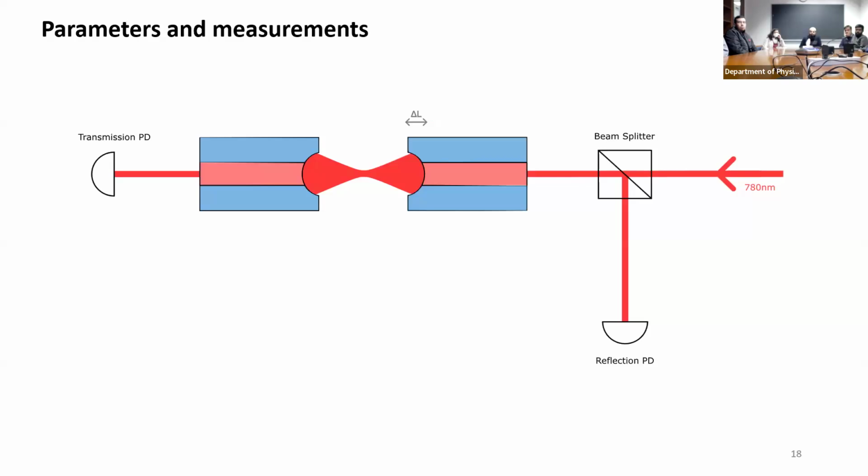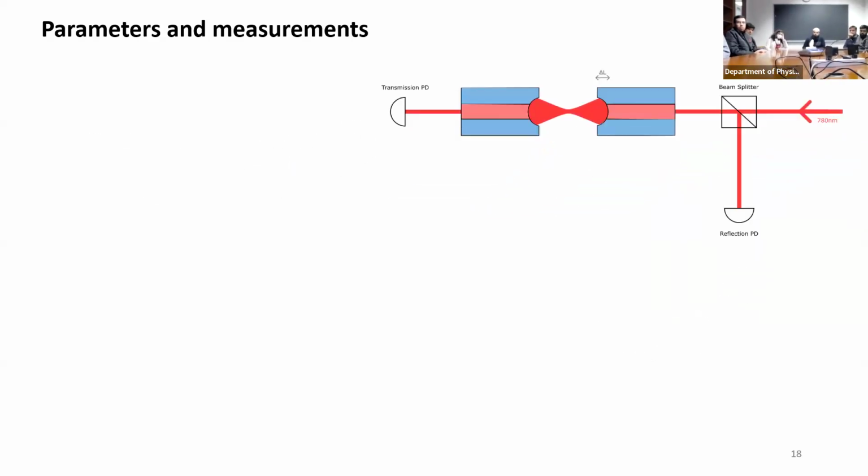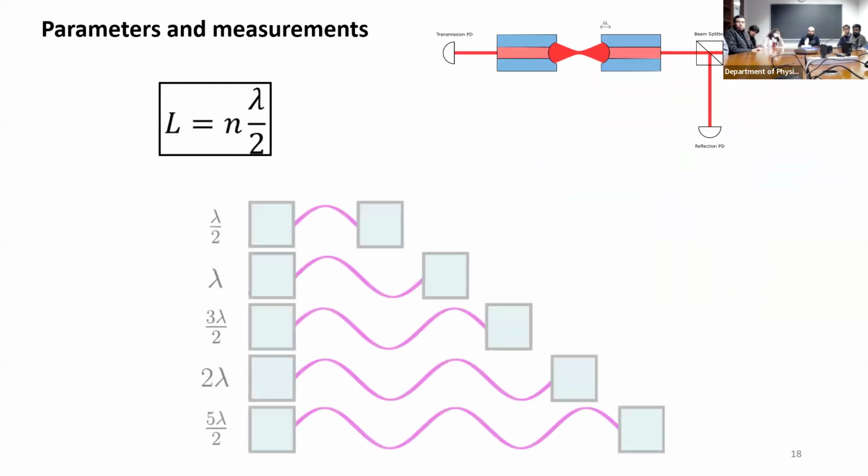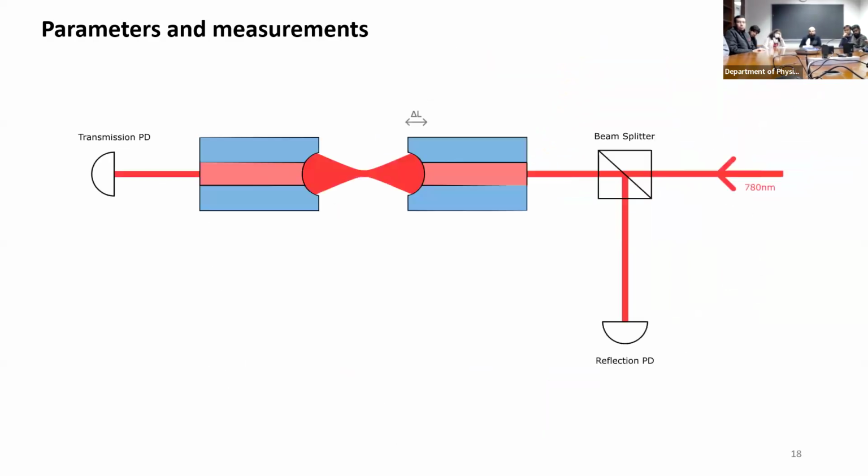And we can also measure the cavity's performance in terms of the length change. So I also measured that, which should follow the resonance condition according to the integer wavelengths, half integer wavelengths of light that I send in, and I sent in 780 nanometers. And what I do is I measure not just the transmission, but also via beam splitter the reflection.